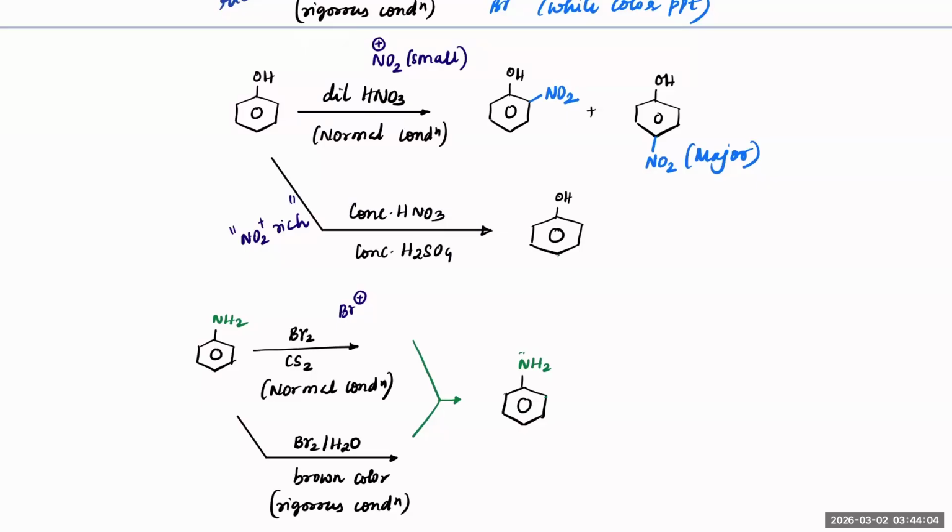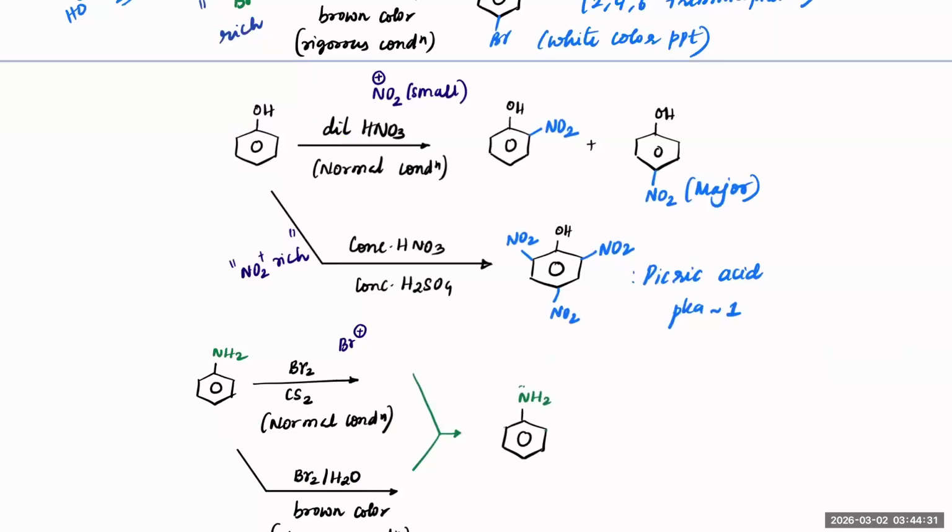So due to the nitrating agent, the NO2 plus quantity available will be large, and therefore you will get NO2 at all three positions. Correct? And this is called picric acid. Picric acid pKa value is around 1. Very strongly acidic. It's one of the strong acids, everybody. So when you have phenol with dilute conditions, this is the product. With concentrated conditions, picric acid is the product.